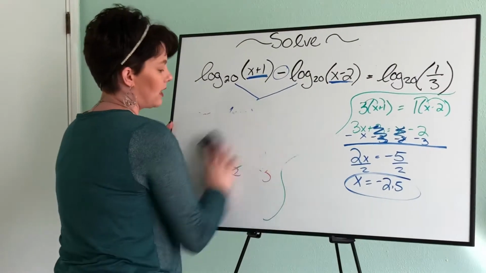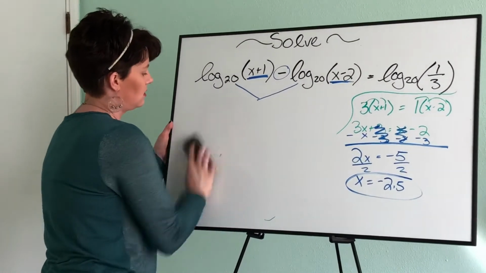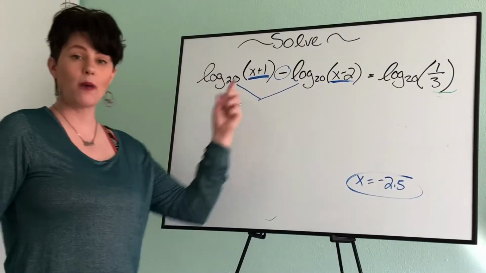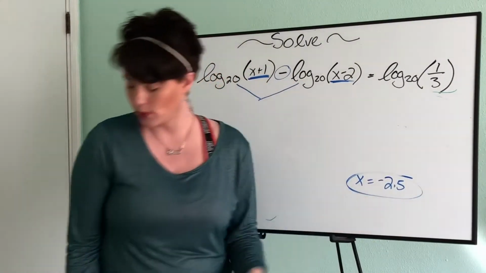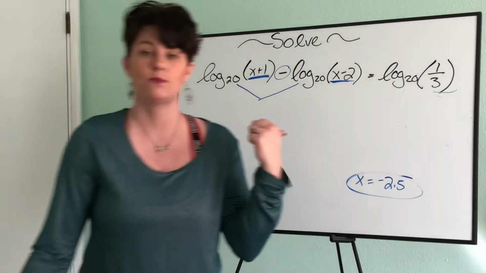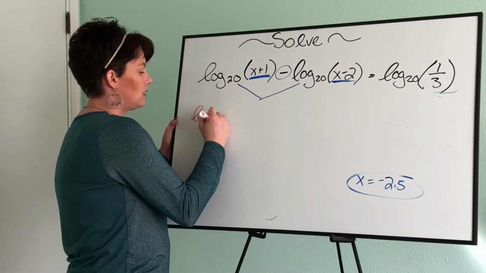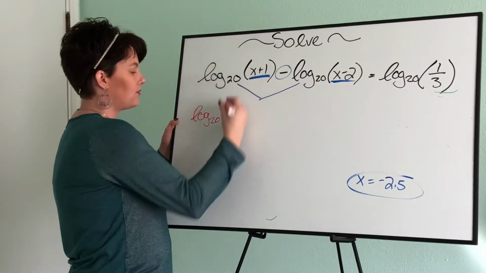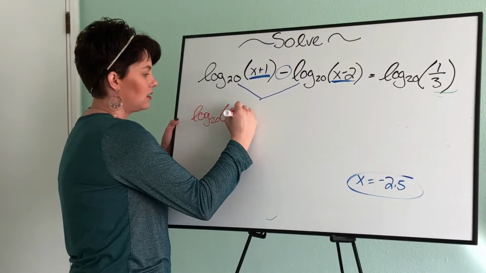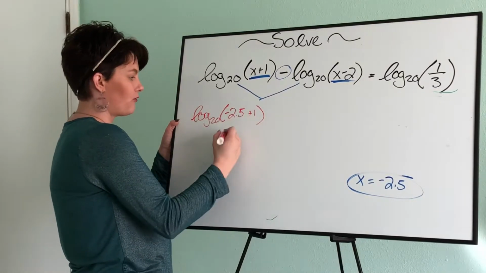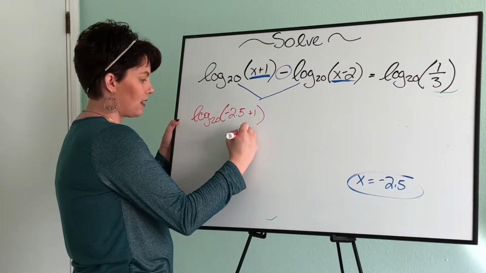If I was to go back in here and plug in that negative 2.5, let's just do it in the first bit because we don't need to go much farther than that. I would do log 20, and then I'd plug in the negative 2.5 here, and then negative 2.5 plus 1 is negative 1.5.